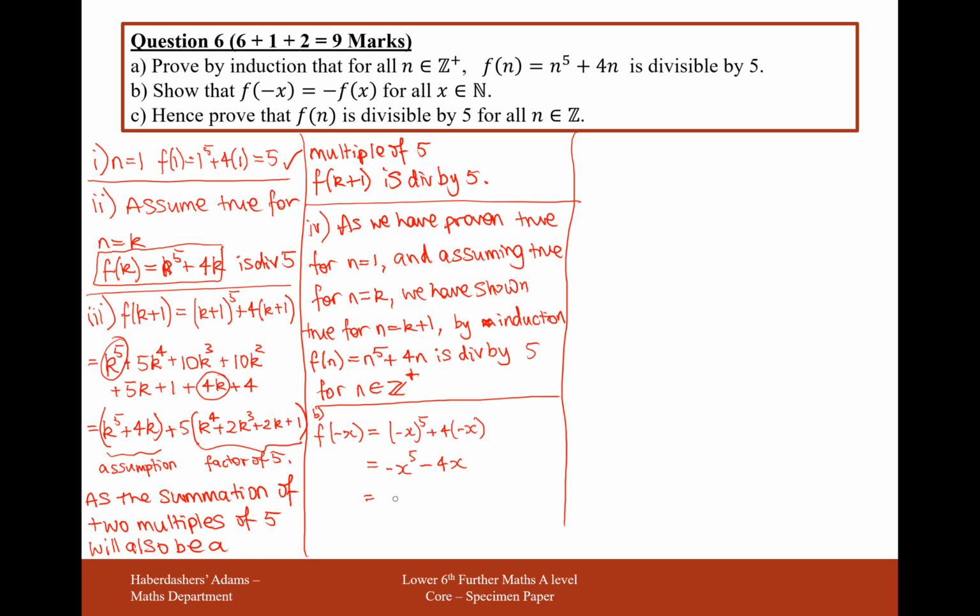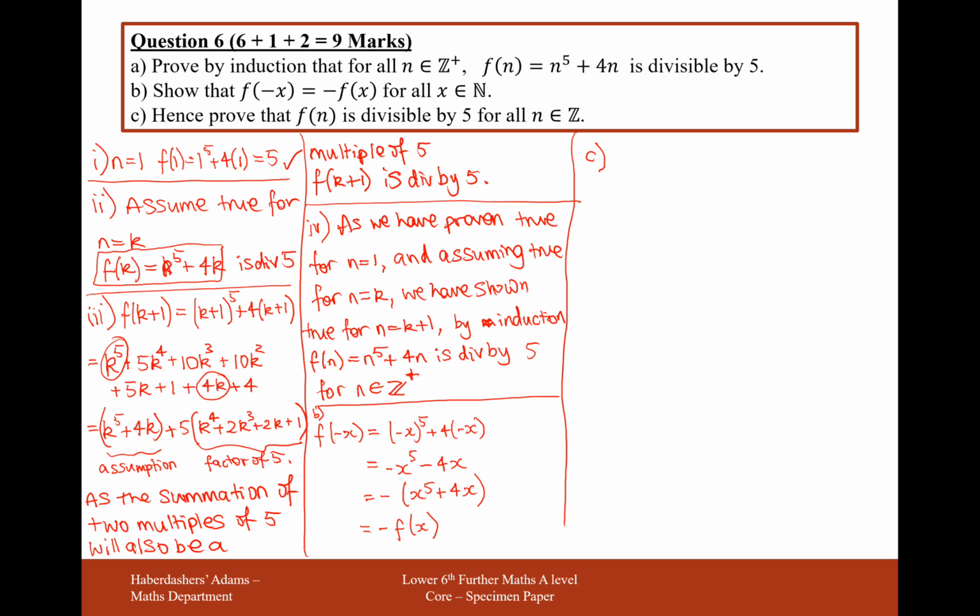Factorize out the minus, we're going to get minus bracket x to the 5 plus 4x, which is exactly the same as minus f of x. Okay. So that's part B done.